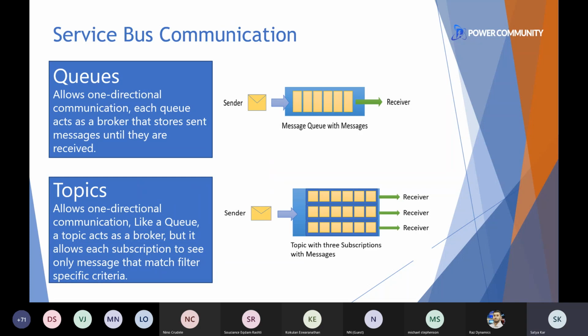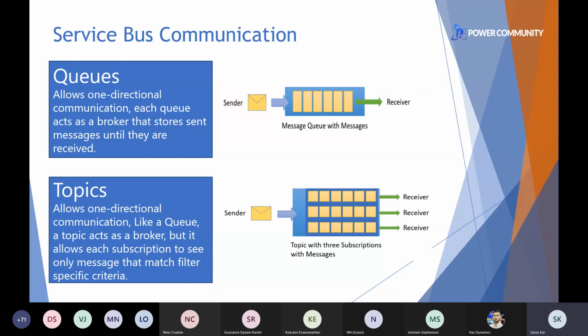So for how the communication works, the queue is often used for point-to-point communication. Messages are sent and stored until the receiving application is available to receive and process them. And the topic, as I said, is useful for publishing and subscribing scenarios.